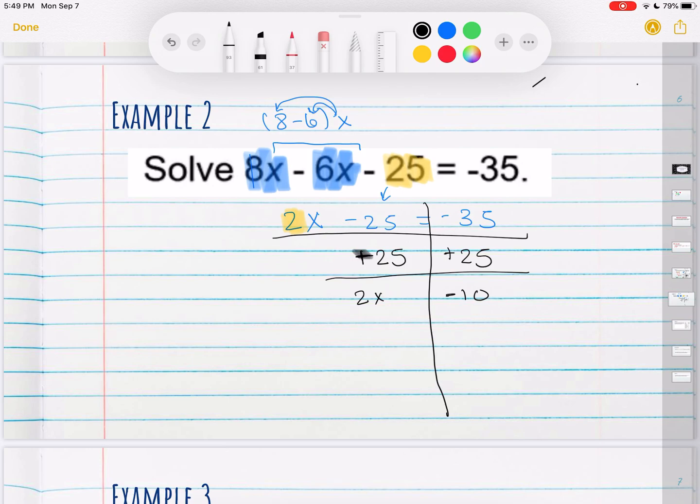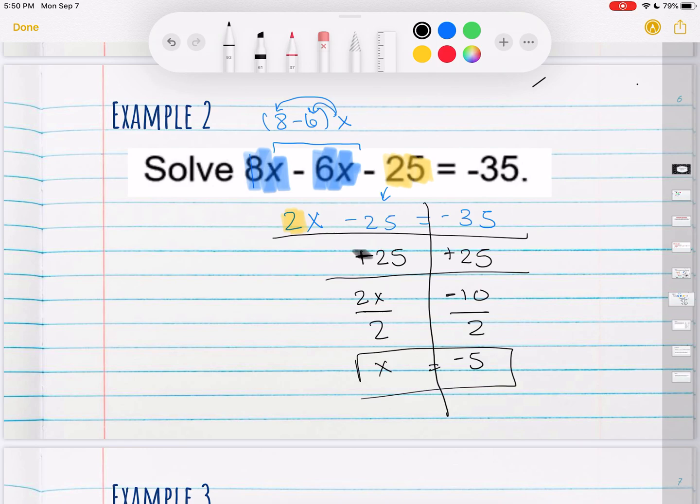And now I need to get rid of my best friend, that's a 2 times x. To get rid of that 2 times, I will divide by 2. So I'm left with x on my left side, and -10 divided by 2 is -5 on my right side. So x equals -5 is my answer.